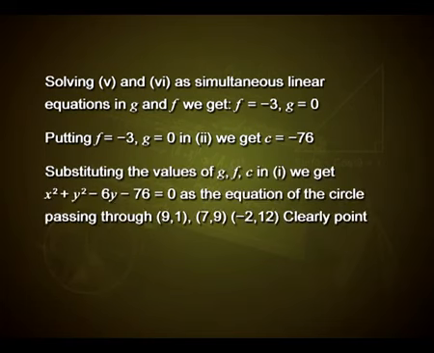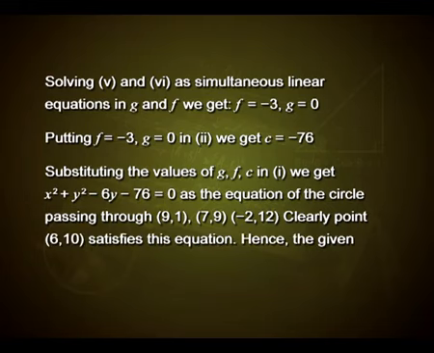On substituting the values of g, f and c in first equation, we get x² + y² − 6y − 76 = 0 as the equation of the circle passing through (9, 1), (7, 9) and (−2, 12). Clearly, point (6, 10) satisfies this equation.